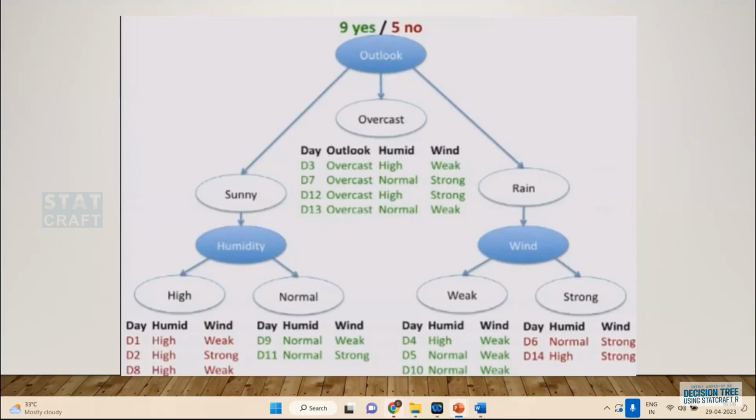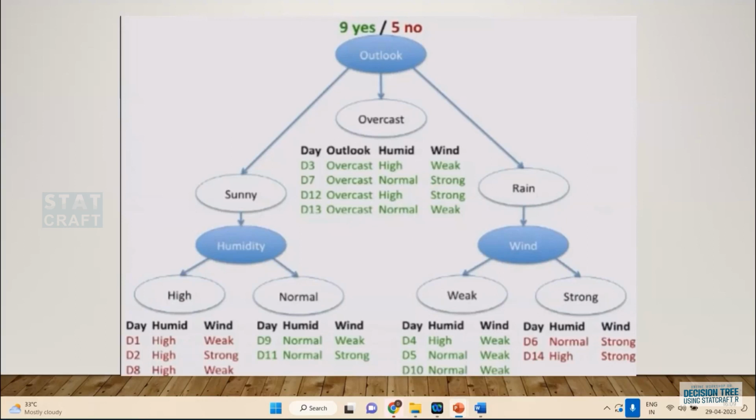Therefore, sometimes we have to put restrictions: the minimum number of observations in the node should be this much, the minimum number of splits should be this much. So we have to put restrictions in the decision tree so that it does not go on infinite division. Therefore, it is known as a greedy algorithm, because it goes on dividing and splitting, provided the data set allows.